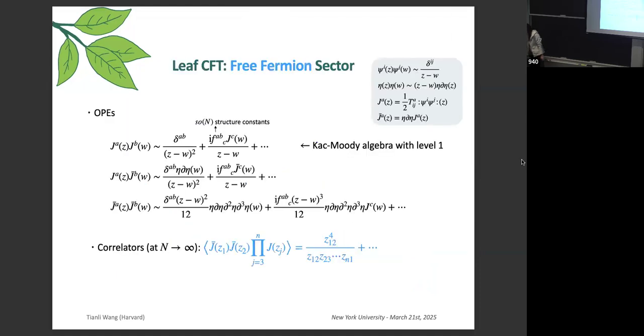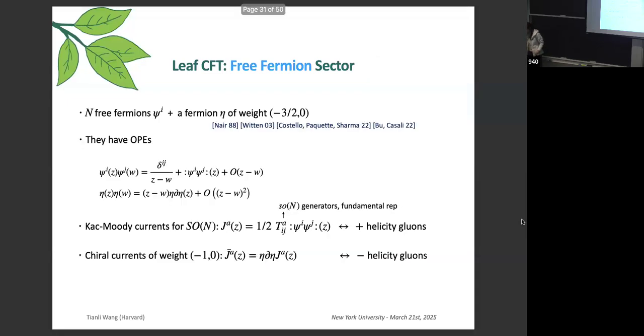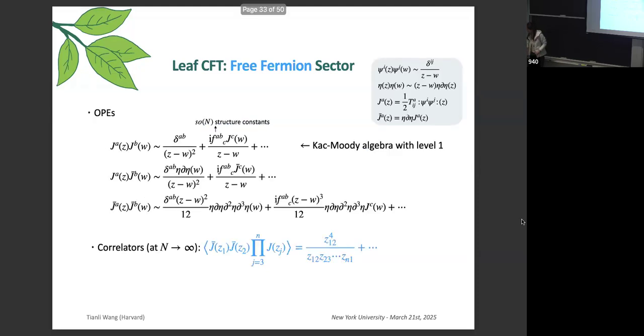Let's see. The main reason we choose eta to be a field of weight minus 3/2 here is such that it has 4 zero modes on the sphere. So the comment I was going to make is there's a selection rule here.